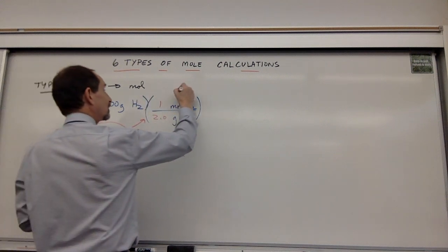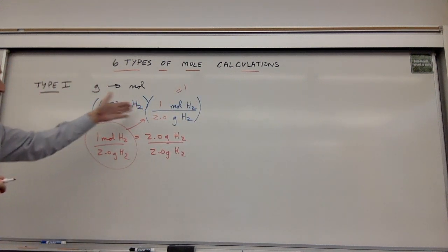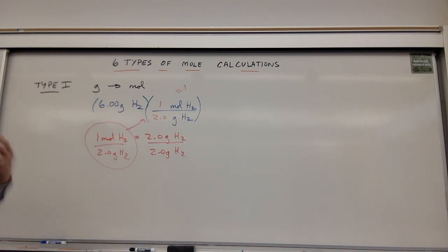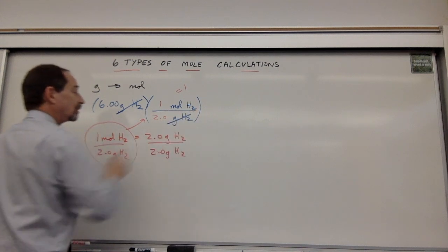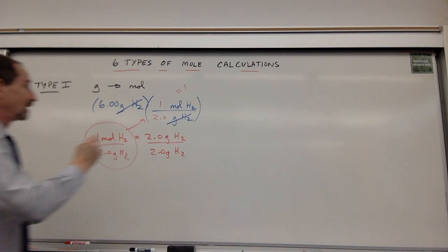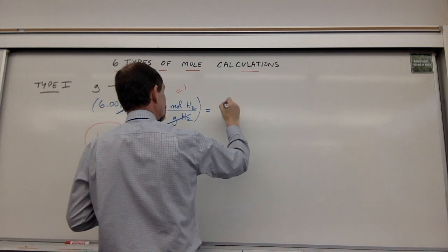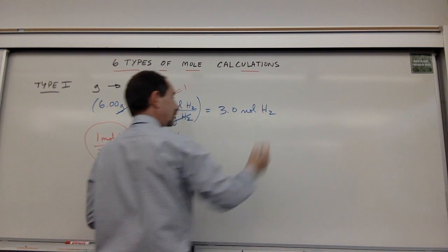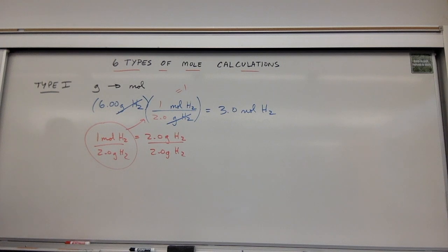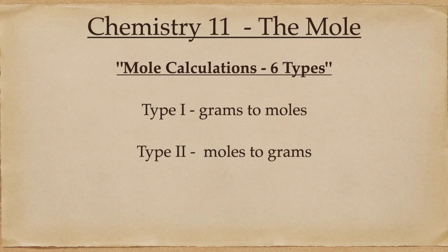So this is equal to 1. I have functionally multiplied my original number by 1, which does not change the meaning. My grams of hydrogen gas cancel out and end up with 6/2 or 3.0 moles of hydrogen. That's my first type.